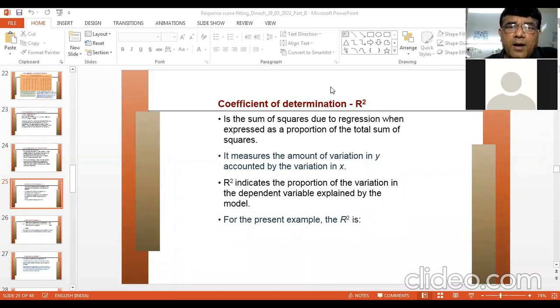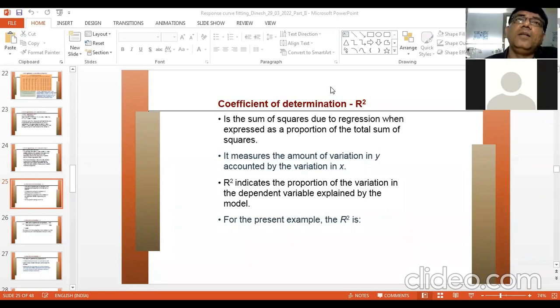So what is the proportion of regression sum of square in relation to total sum of square? Means what proportion has been accounted by regression sum of square out of total sum of square. Less the error, higher the value of R square. That means R square will tell you the fitness of the data.